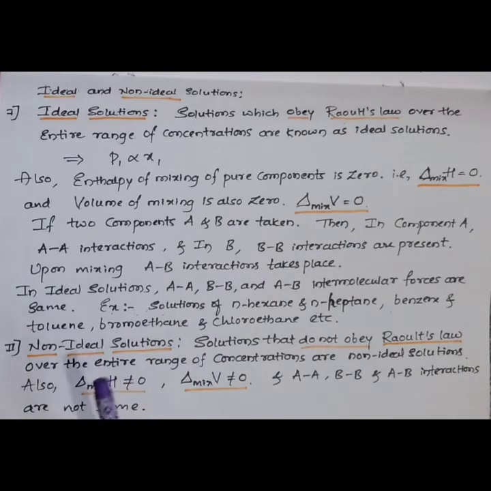Now the next kind of solution is non-ideal solutions. We observe non-ideal solutions in our day-to-day life, because all the solutions that we use in our day-to-day life are examples of non-ideal solutions, because these solutions do not obey Raoult's law over the entire range of concentrations.